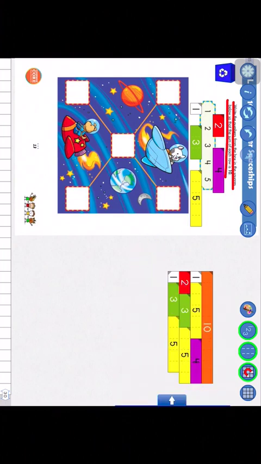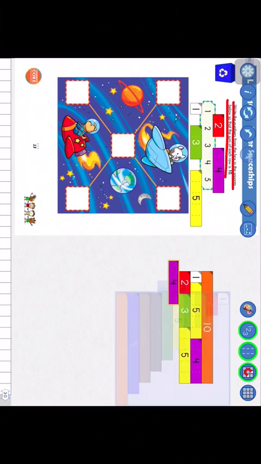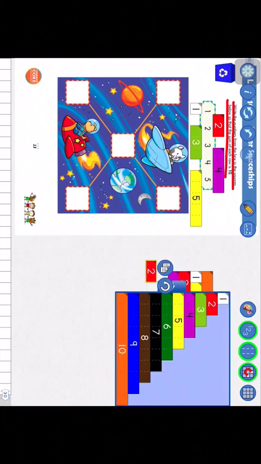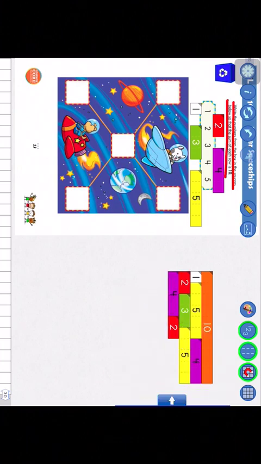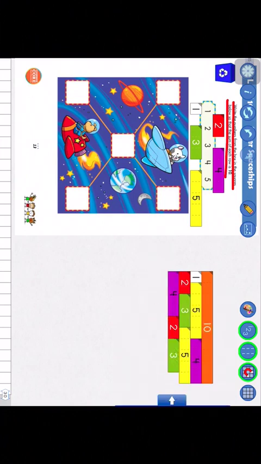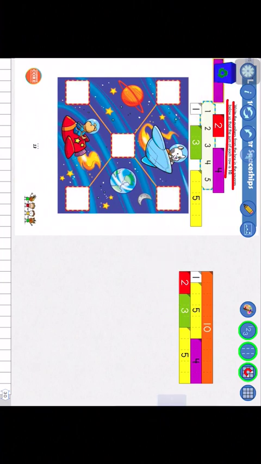One, 3, 5 couldn't form 10. How about 2 and 4? And 3? No way. So there's probably just these two combinations.